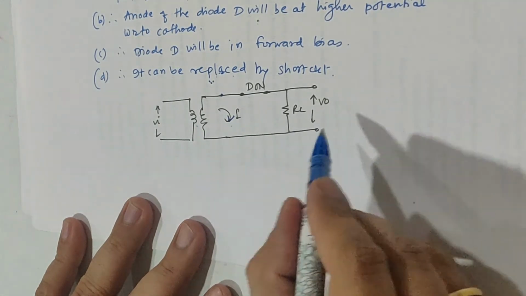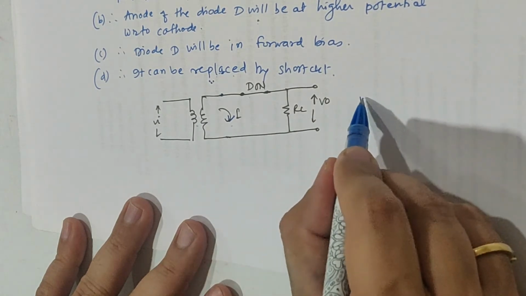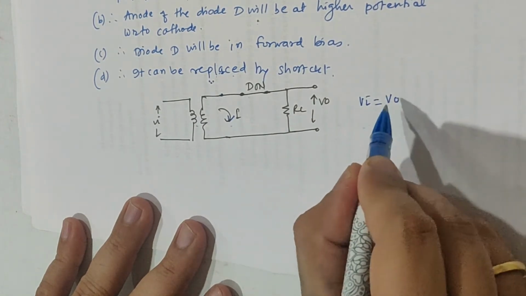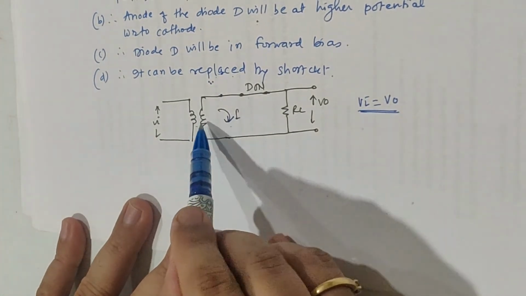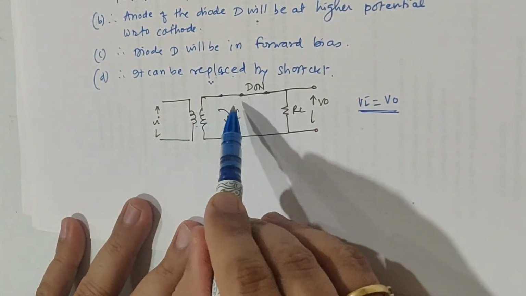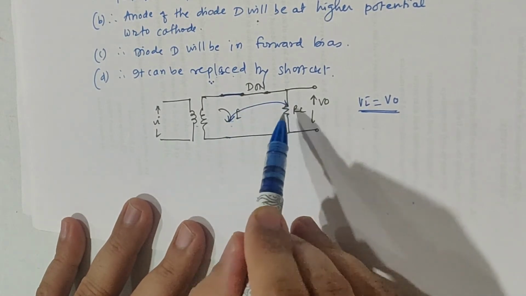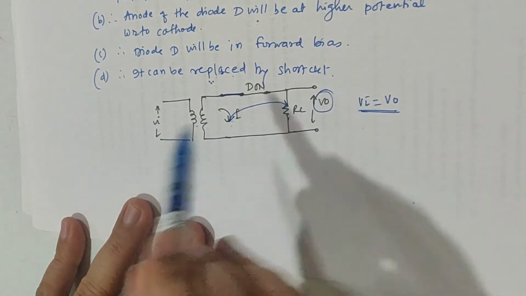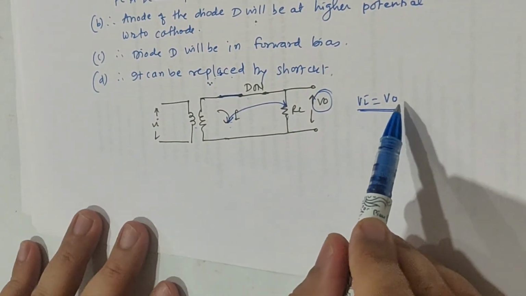So in this condition the input Vi will be equal to V0, because the entire input which is appearing here, because of this short, will go through RL and therefore it will reach V0. So entire input will be appearing at the output.